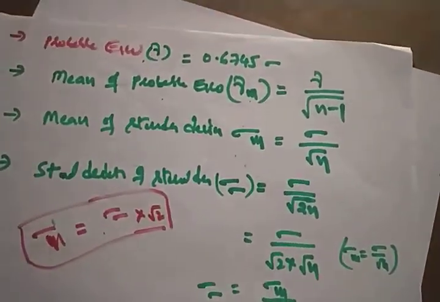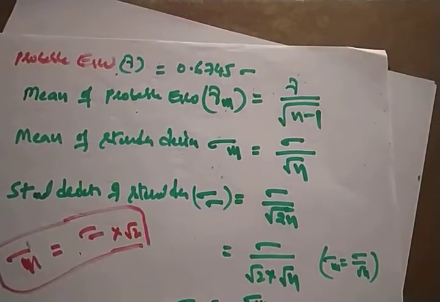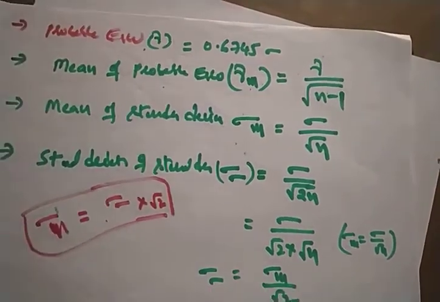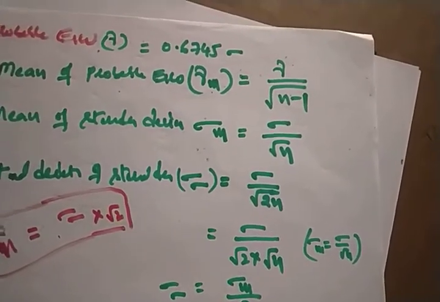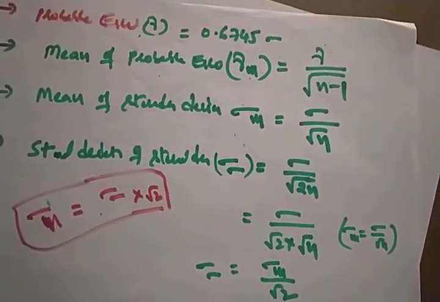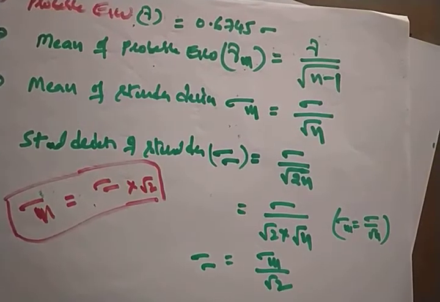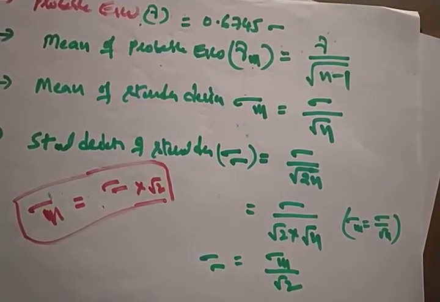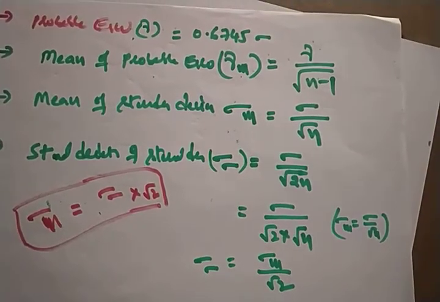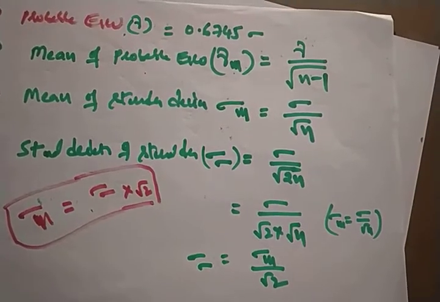What is the probable error? Probable error can be denoted by gamma. That is nothing but 0.6745 sigma. Mean of probable error means gamma m, which is gamma by square root of n minus 1. Mean of standard deviation can be denoted by sigma m, which is sigma by root n. Standard deviation of standard deviation is sigma sigma, which is sigma by root 2n.